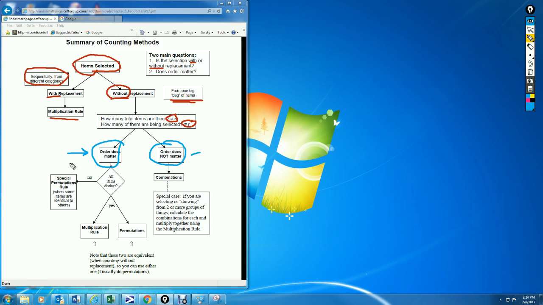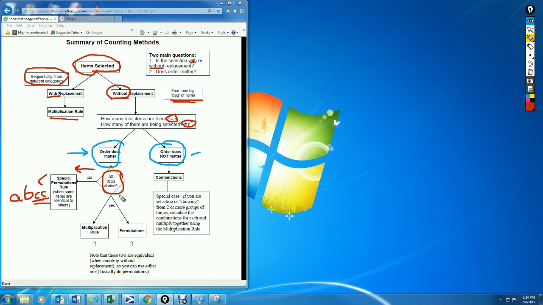If you are actually creating a specific order, then the next question is, are all your items distinct? If they are not, and we went over a couple of examples of this, then you have to use a special rule, for example, when we did A, B, C, C. Not all of these items are distinct, so we had to use a special rule.